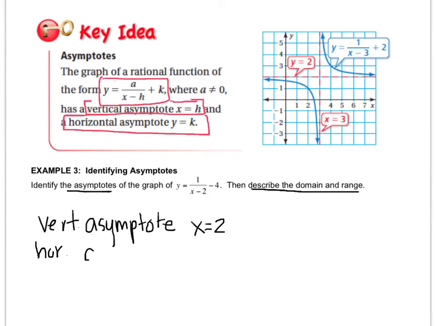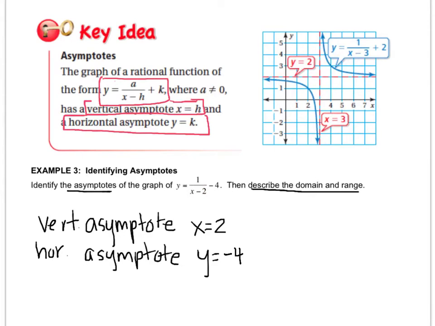The horizontal asymptote is where y equals k. And so it says plus k here, and it says minus 4 here. So that means that the horizontal asymptote is where y equals negative 4.